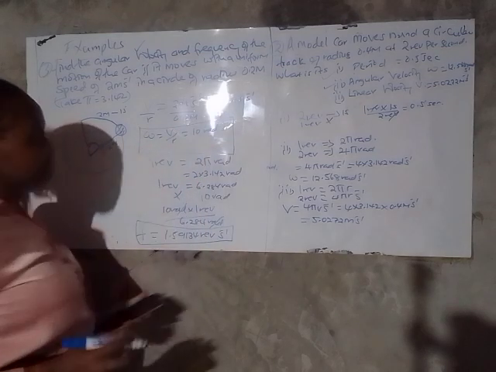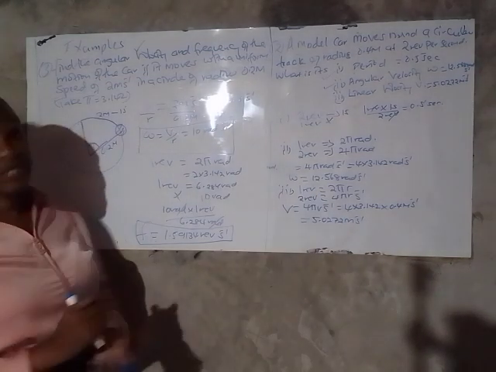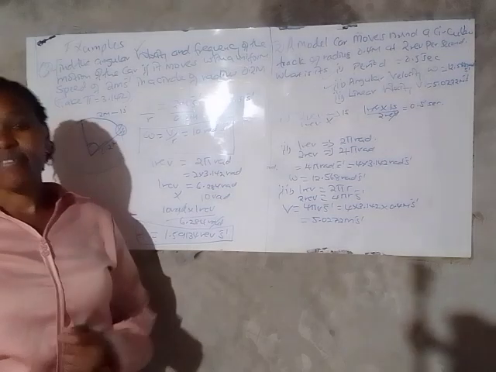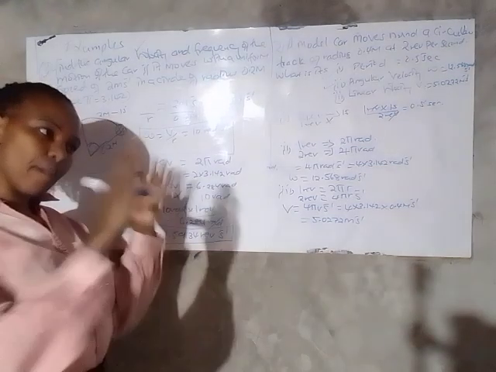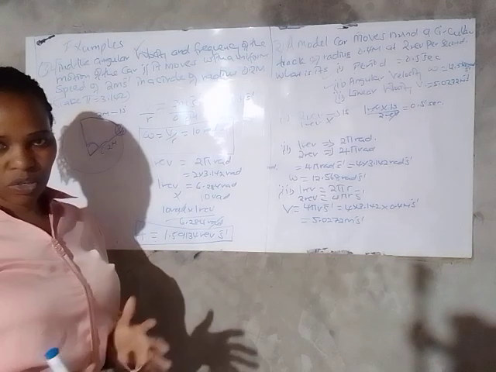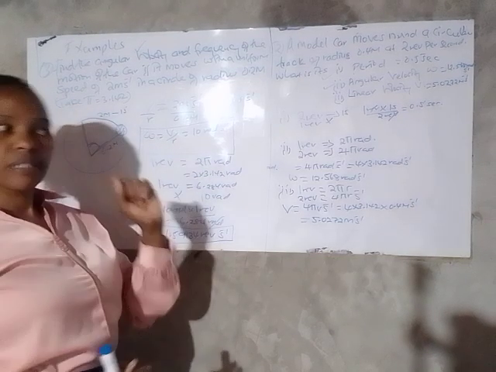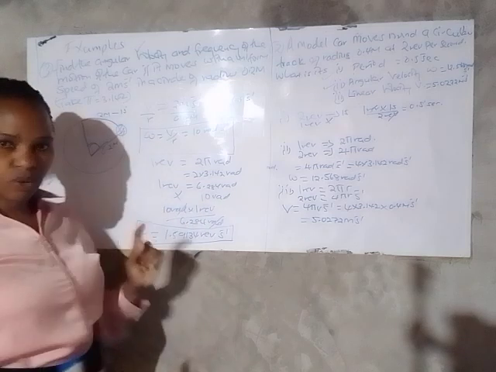So we have answered the 2 parts of that question. We have answered the angular velocity, which is given in radians per second, and we have answered the frequency. Frequency is a measure of how many revolutions in 1 second. So if you know the number of radians per second, then you can convert those radians per second to revolutions per second. How?